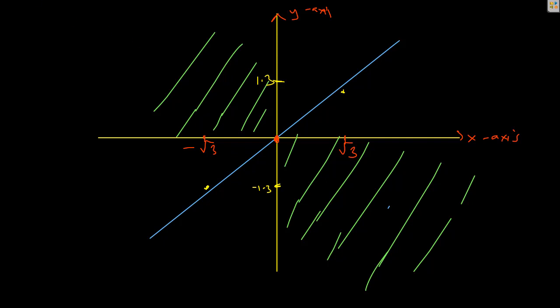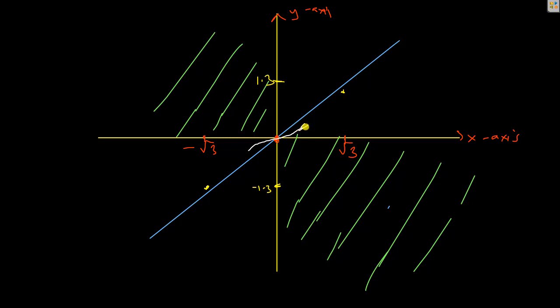Okay, so I'll now sketch the curve. Remember, this is a turning point and this is an asymptote, so the curve doesn't actually touch this line. So I'll begin by drawing a little bit like this.